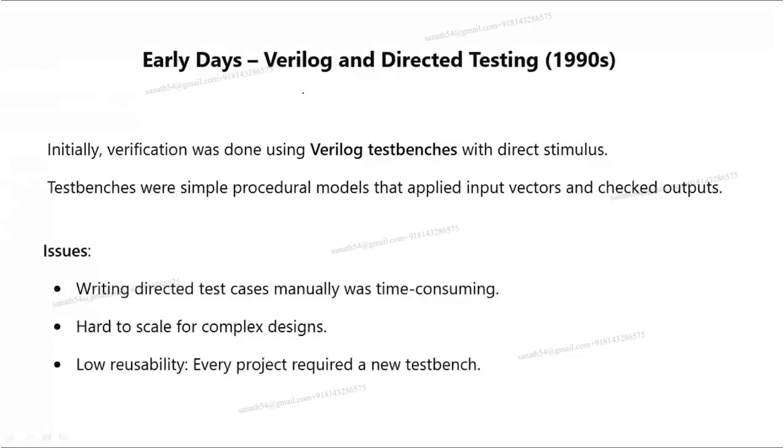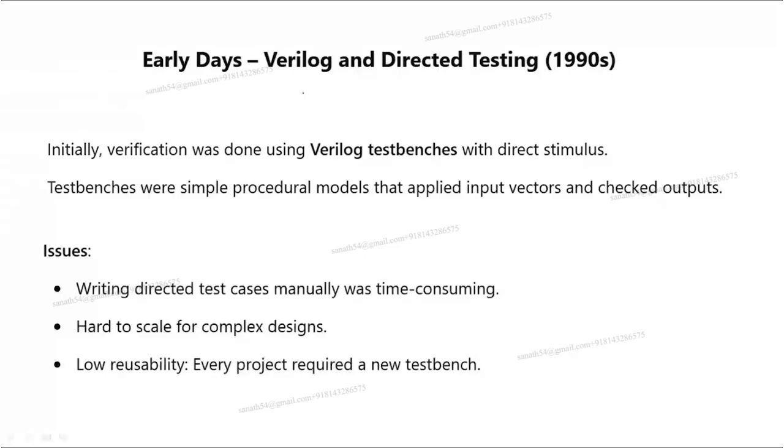And the basics of SV we have seen. In the early days, in the 1990s, we used Verilog test benches, where we need to write the directed test cases manually. It is hard to scale for complex designs, and reusability is low.